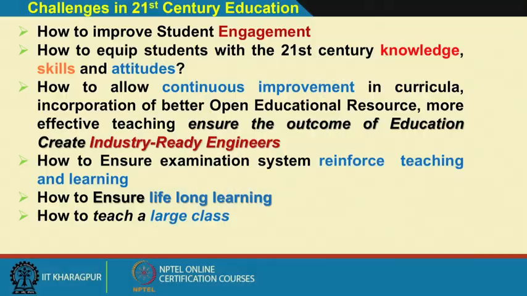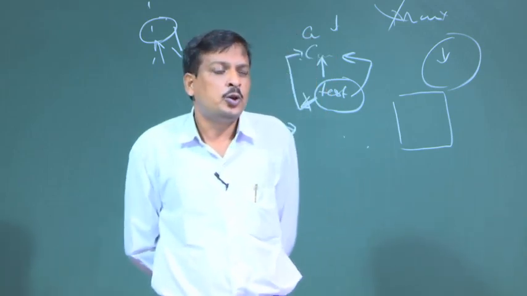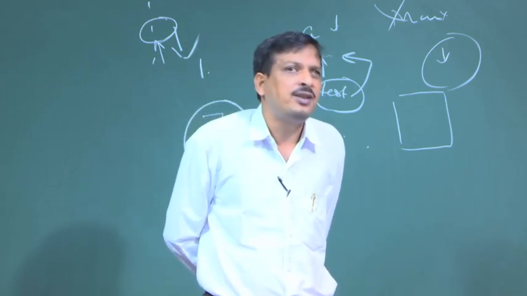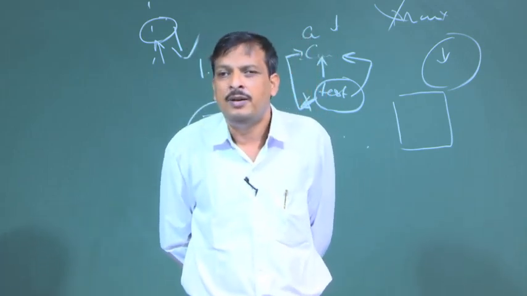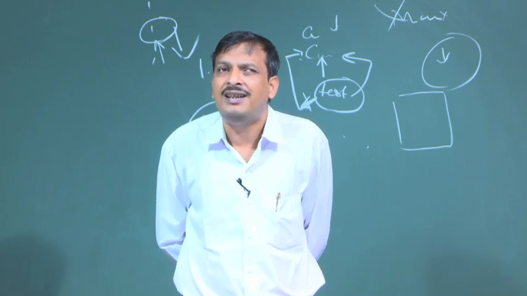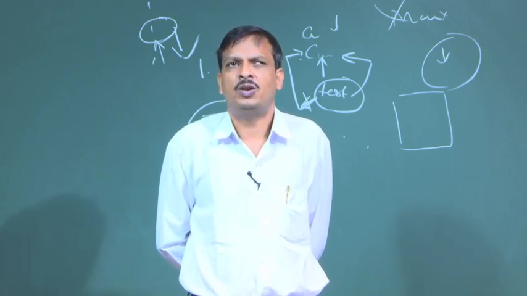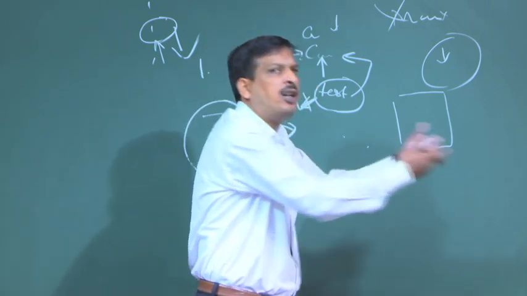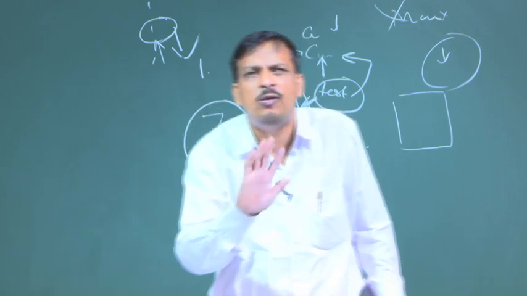The next question is how to ensure lifelong learning. The biggest skill required is that students have a skill by which they can learn by themselves. If everything is spoon-fed to the students, that is not education.